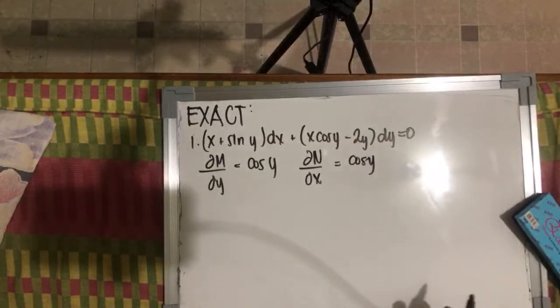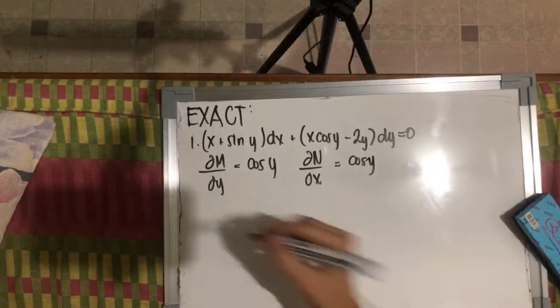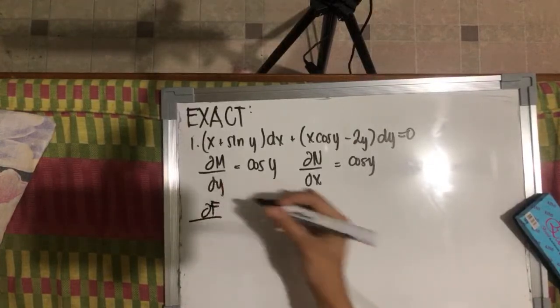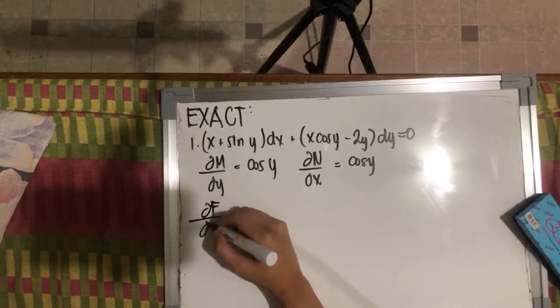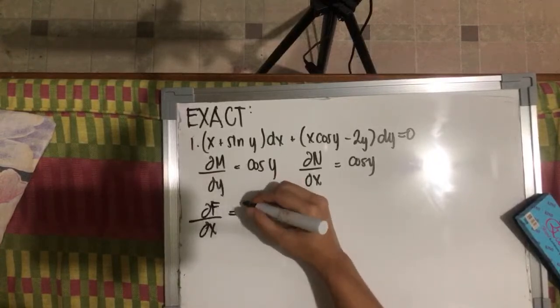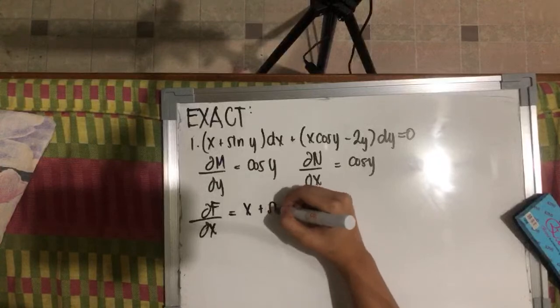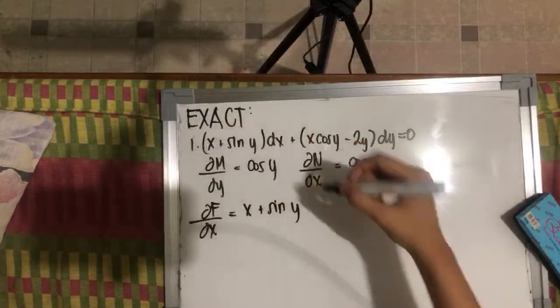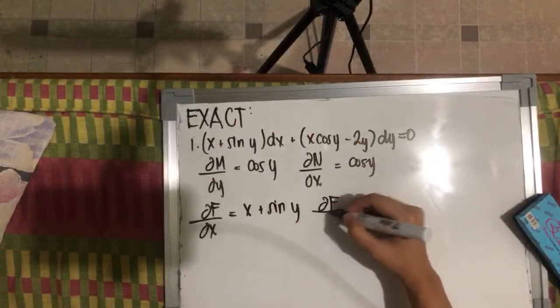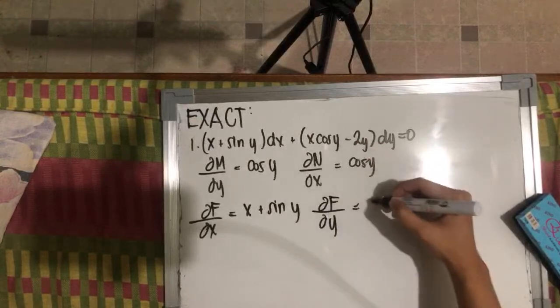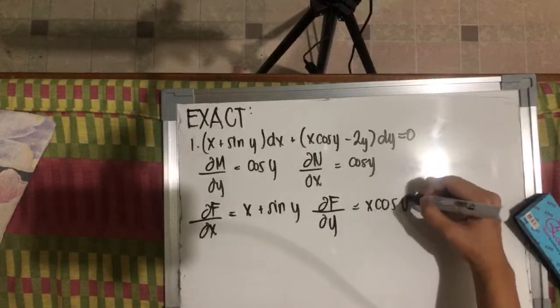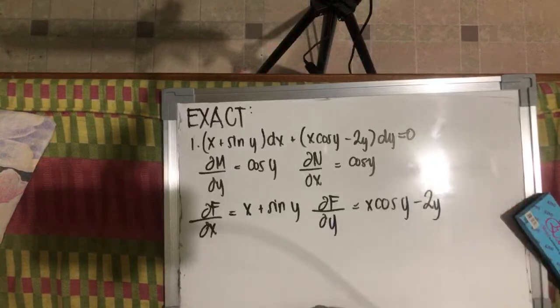So, ngayon, kunin naman natin yung, ilalagay ko to as x plus sin y, yung unang function natin. Tapos, partial derivative of f with respect to y naman yung second natin, which is x cosine y minus 2y.